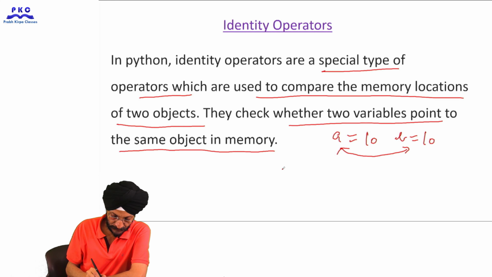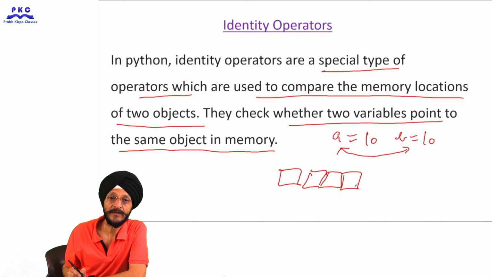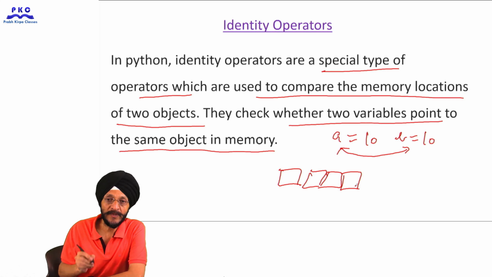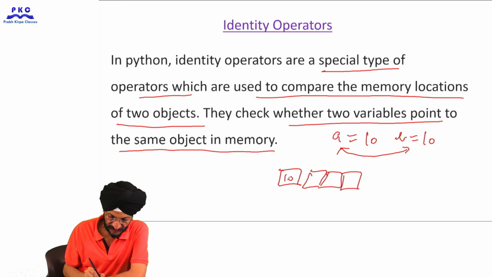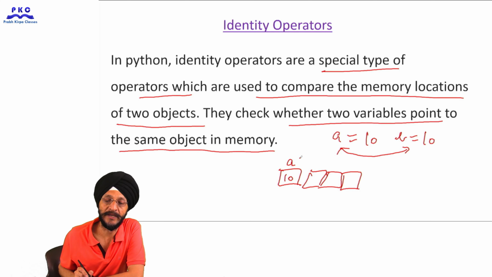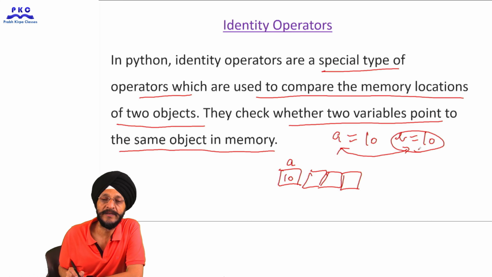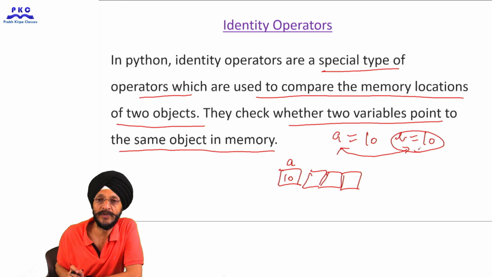What it means, suppose this is the memory location in our computer system. So suppose 10 is stored here and this is the variable A. Now another variable is created with the name B and it also has value 10.